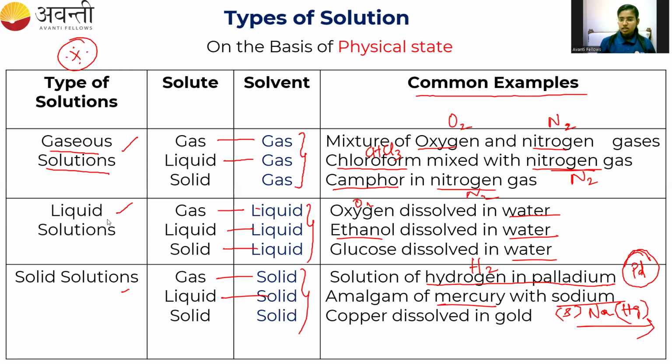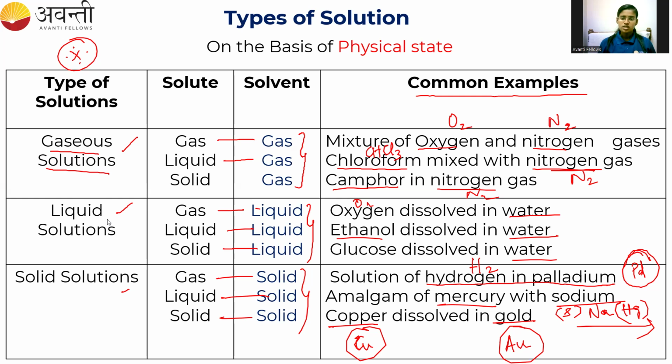And lastly, coming to solid and solid, I have taken copper dissolved in gold. So copper is a metal, D block metal. Okay, it is a solid, and gold is represented by the letters Au. It is also a solid. So when these two get mixed with each other, they form a solid in solid type of solution.